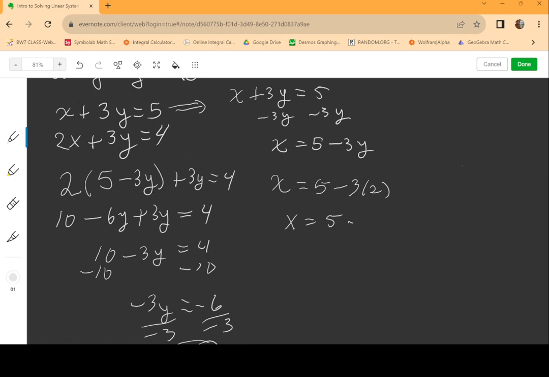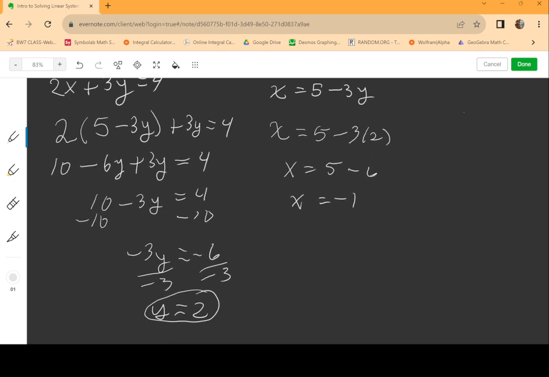We get 5 minus 6, x equals negative 1, and we get negative 1, 2 as my solution, my ordered pair. Remember, that first coordinate is always the x value, so negative 1, 2.